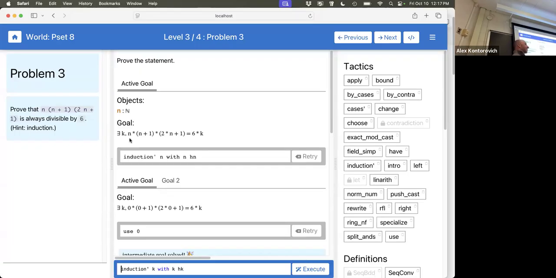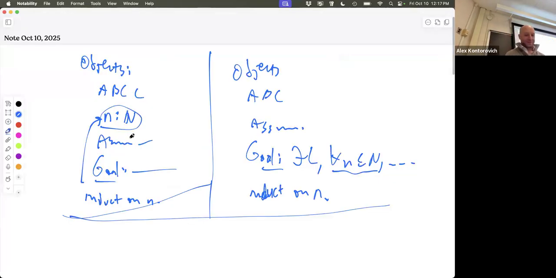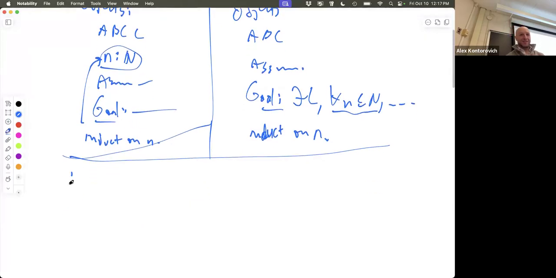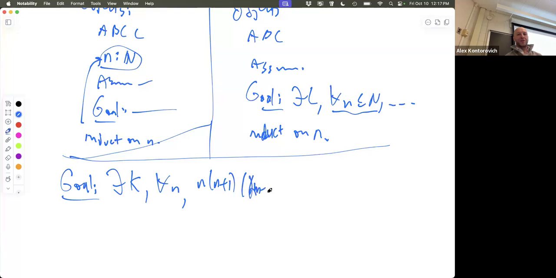Okay, but in my head, those two formulations are mathematically equivalent, right? Like if I were to say goal, there exists k such that for all n, and then whatever the statement was, like n times n plus 1 times 6n plus 2n plus 1 is equal to 6k. Yeah.